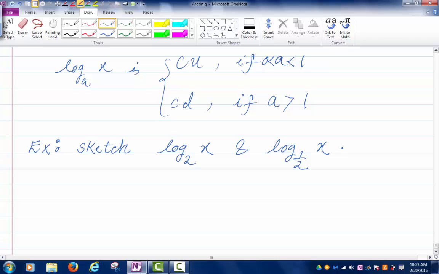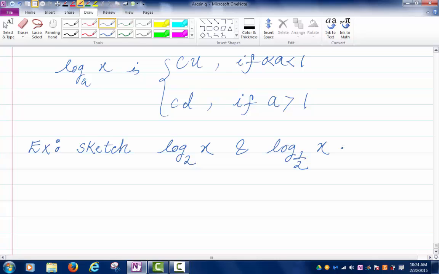Okay, I'll let you sketch them. You know how the function should be when it's increasing. So the first one should be increasing. The second one should be decreasing from what we decided. The first one should be concave down. The second one should be concave up, right?